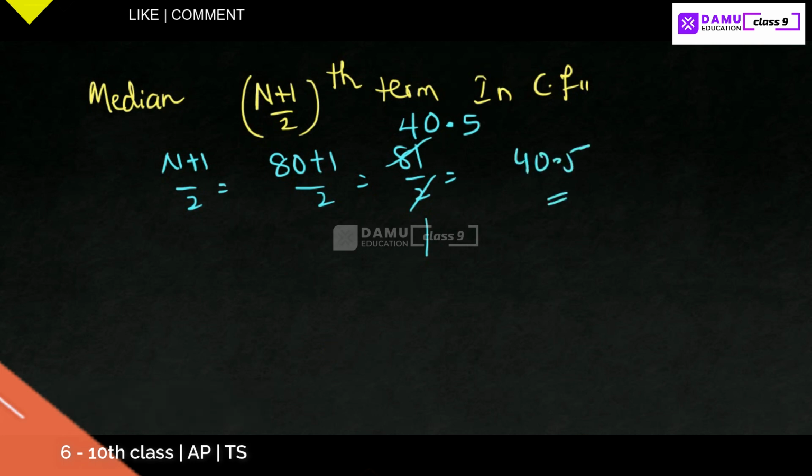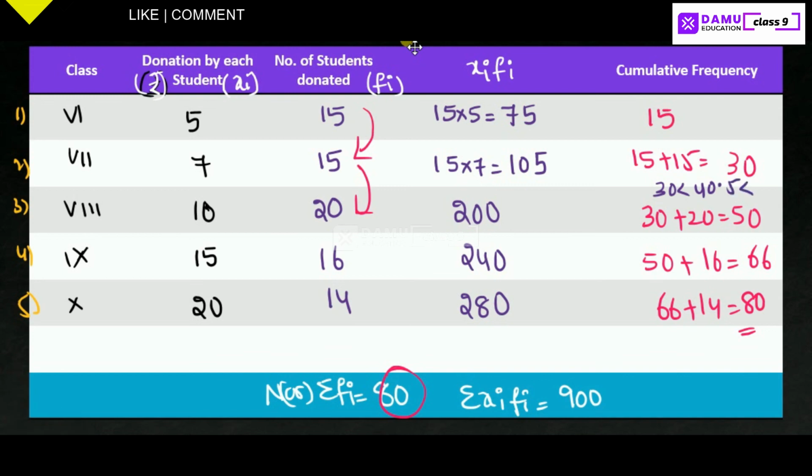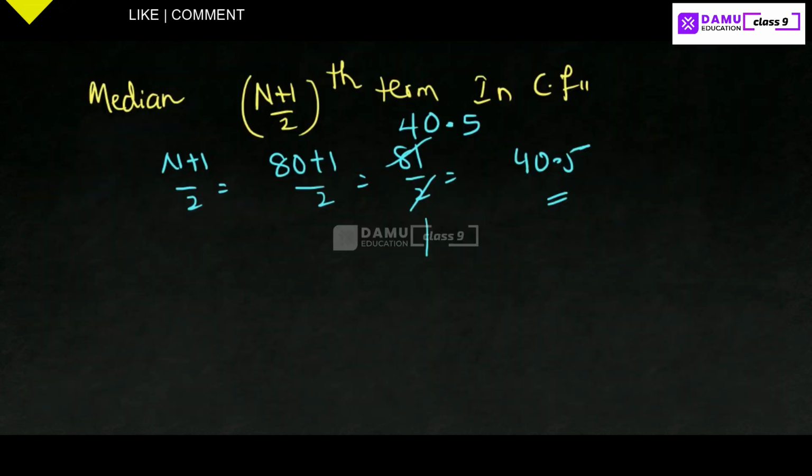So where is 40.5? 40.5 will come under 30 less than 40.5 less than 50. So which one is selected? We need to select 50, the one that is more than it. So this is the way. So select this 10. So the median value of the donation by each student will be equal to 10 rupees.